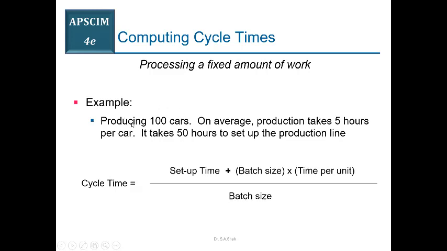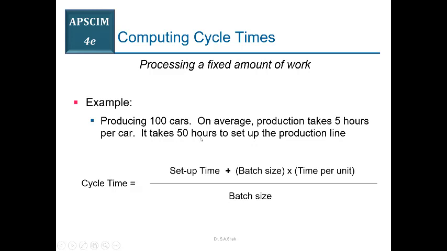So for example, if there is a company producing 100 cars, and on average the production takes, let us say, 5 hours to completely assemble a car, and suppose it takes 50 hours to set up the production line. So this 50 hours is the setup time.